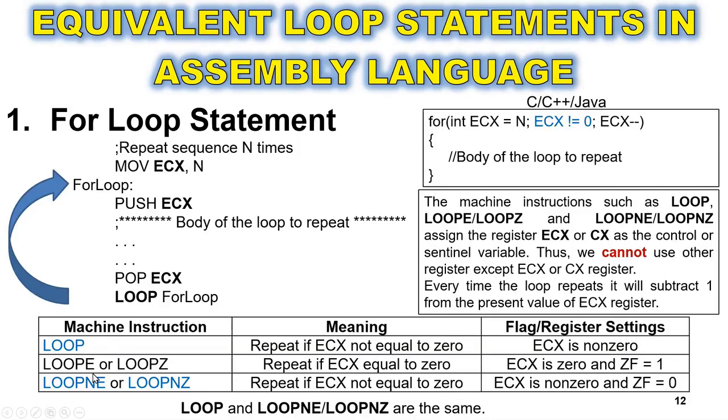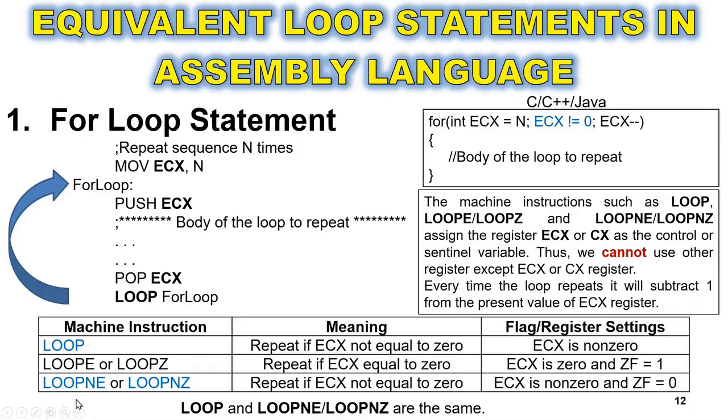The loop E, or loop if equal to 0, has another equivalent command, loop Z, which is a variation of the loop mnemonic machine instruction. But the logic is that it will only repeat the loop if the present value of ECX is equal to 0, which is the opposite of loop.